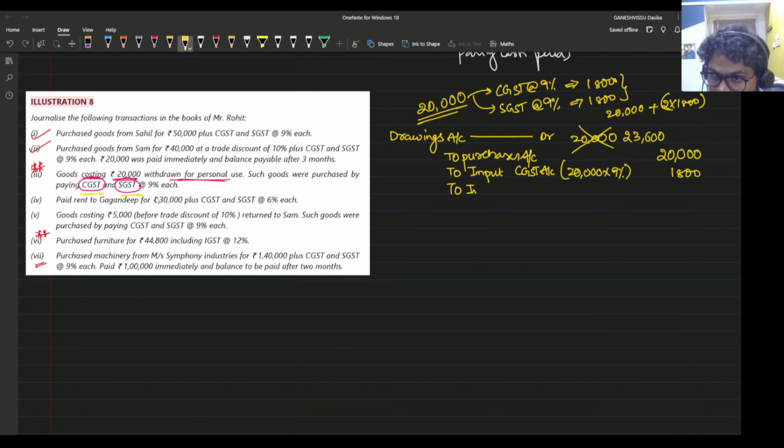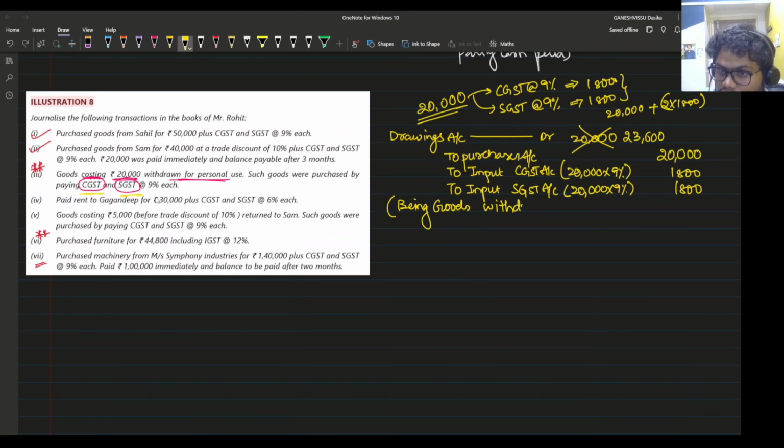To input SGST account, 20,000 into 9%, 1,800. Being goods withdrawn for personal use and GST paid. So this is the third entry.